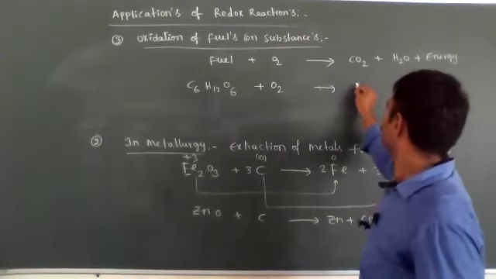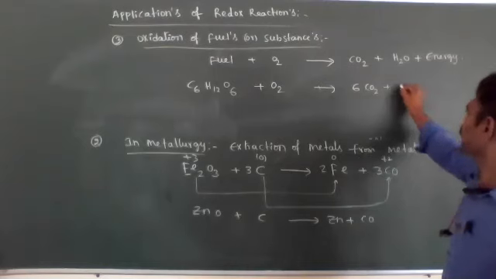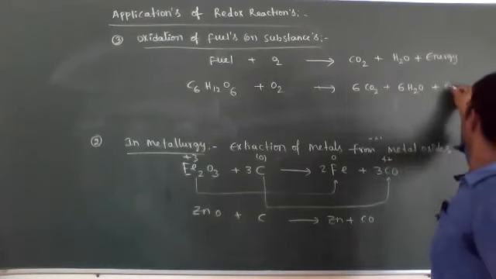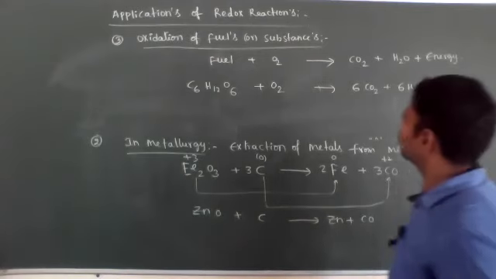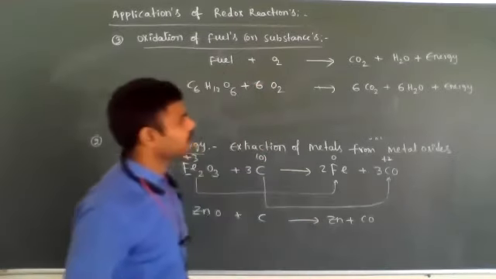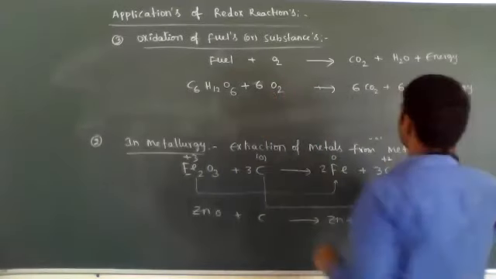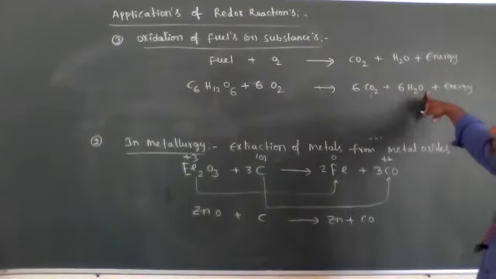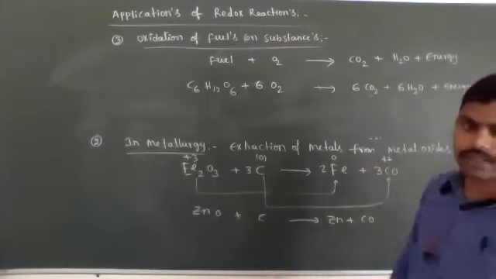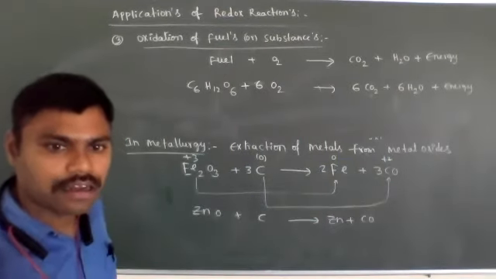It is converted into 6CO2 plus 6H2O plus energy. 6 moles of O2 are required. Here, 6 plus 12, a total of 18 oxygen atoms are present, along with 6 carbon atoms and 12 hydrogen atoms.